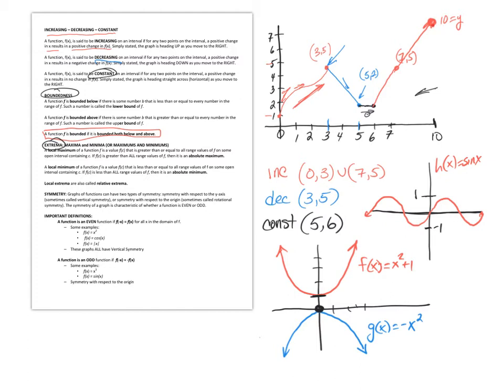Those would represent absolute max because it's bigger than everything else, not just in its neighborhood. And this is an absolute min because it's smaller than everything else. And that's all there is for absolute mins and maxes.